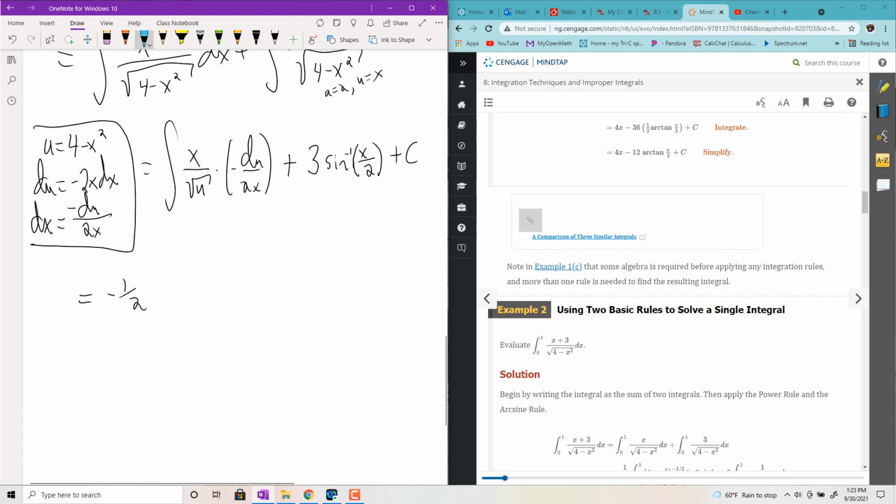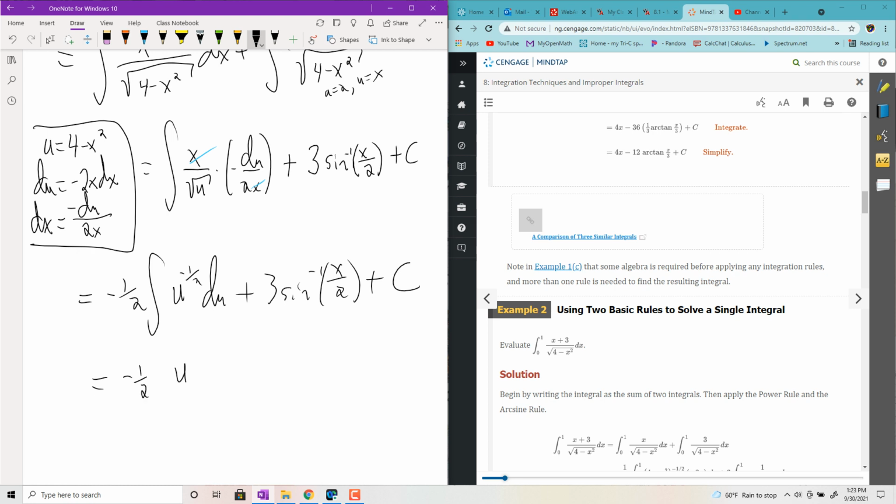The x's nicely cancel. And then you have the integral of, let's rewrite the 1 over square root u as u to the negative 1/2 du. Then I can integrate, so get negative 1/2 u to negative 1/2 plus 1 is positive 1/2 times 2. And then plus 3 sine inverse of x over 2.